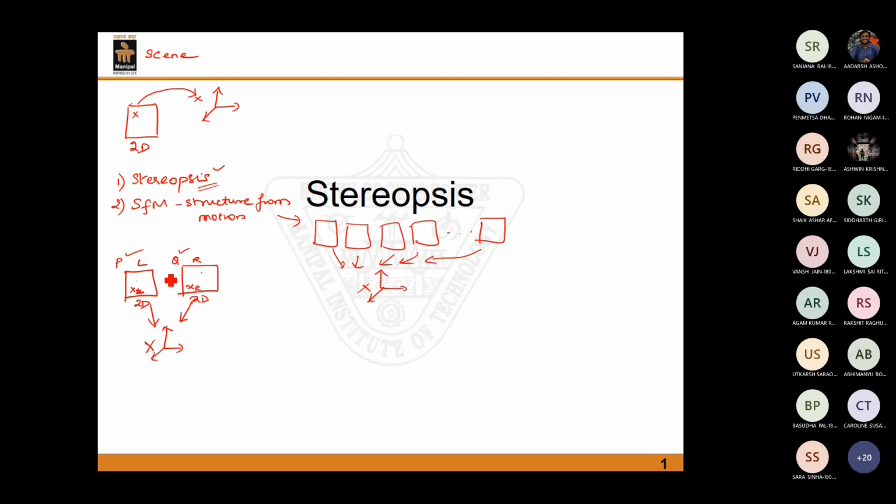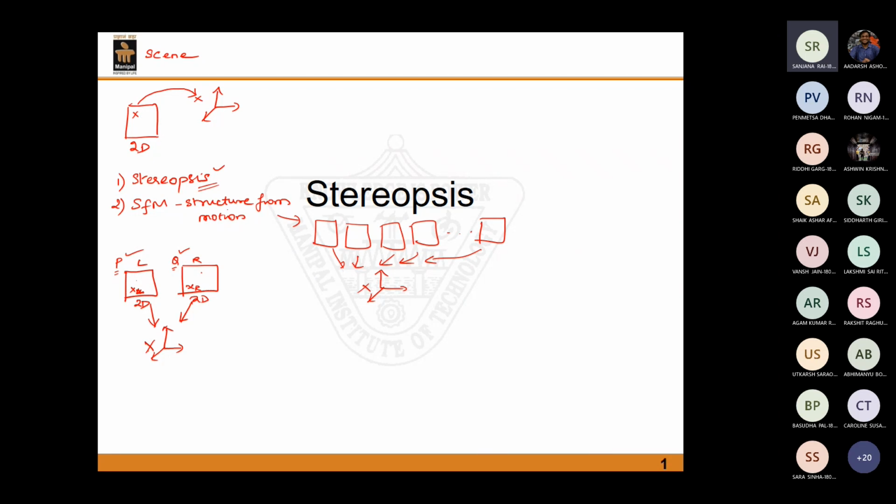As I told earlier, we need to know the camera parameters if we are going by the stereopsis method, because it makes use of these camera parameters in order to find out the position of the 3D point, right? So therefore, a prior knowledge of the camera parameters is important, right?